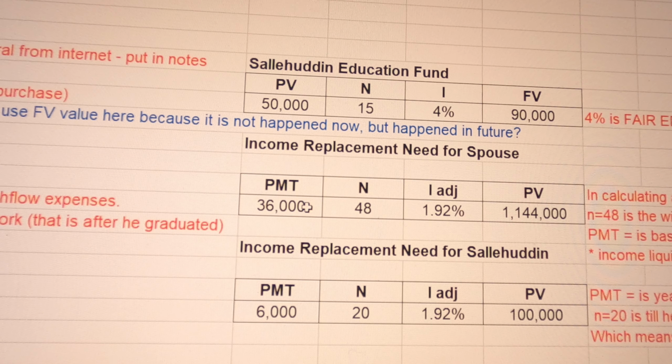This is how we are going to calculate the income replacement need. This is the PMT, over 48 years.